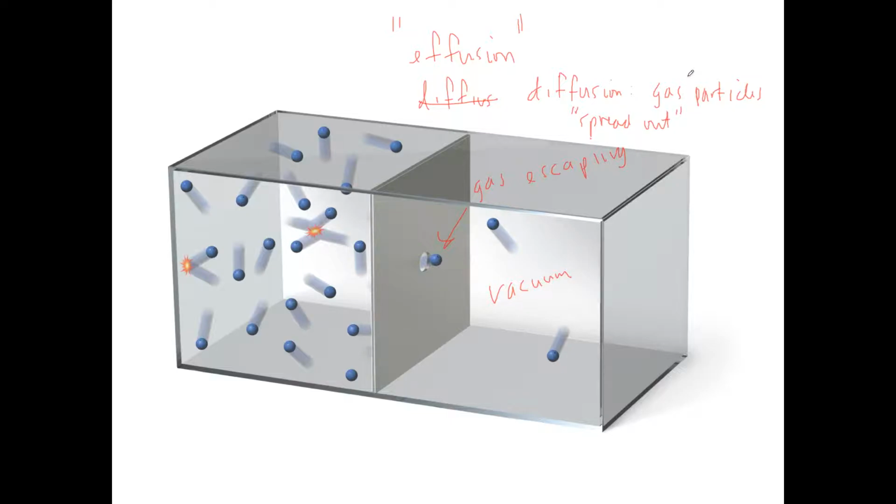The rest of the technical term is they spread out in response to a concentration gradient. So if you have a high concentration, they go from a high concentration to a low concentration. That's diffusion. All right, those are the only terms I want you to know.